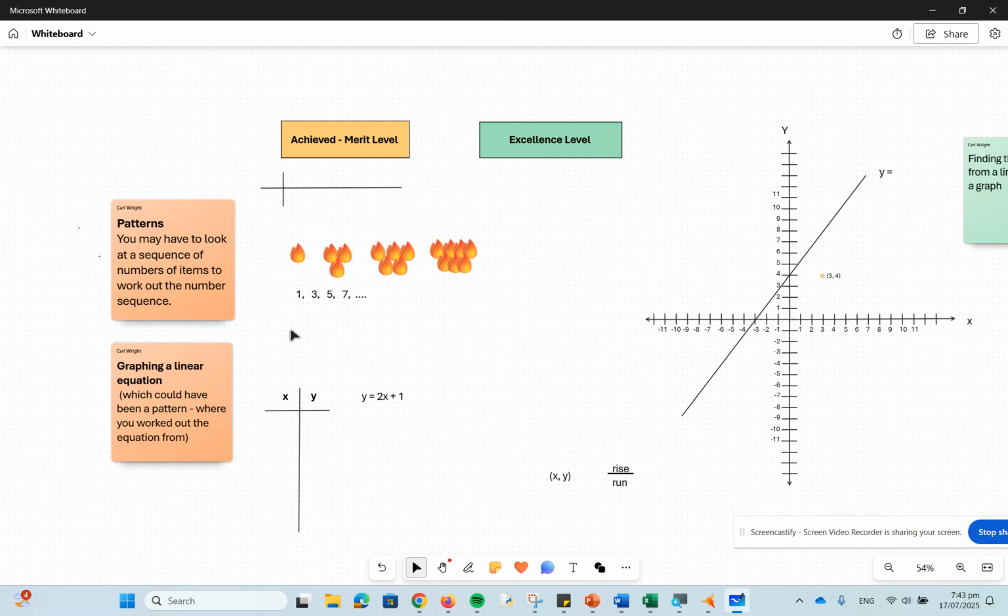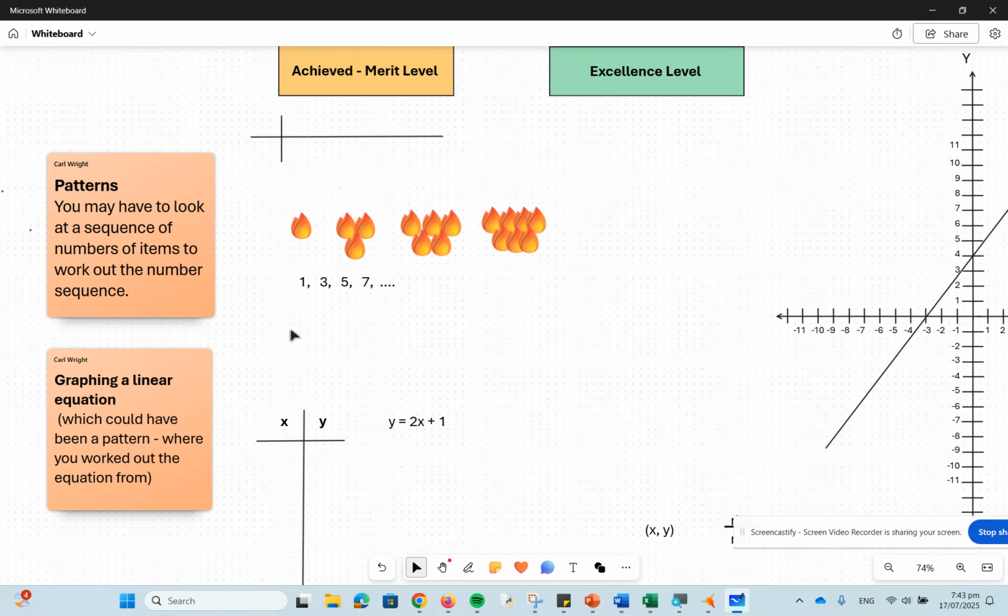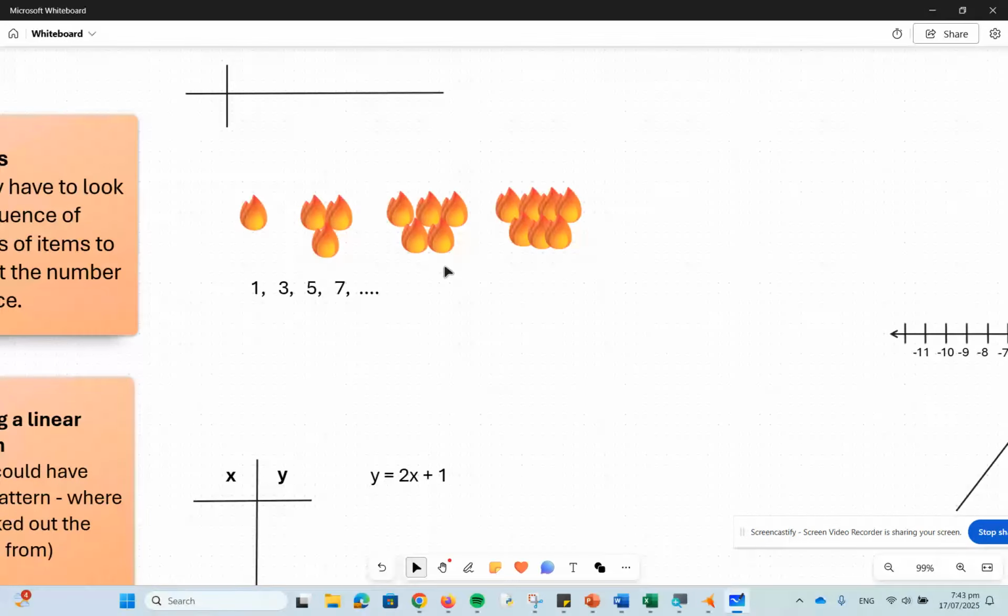Sometimes you'll be given a number pattern. I'll work with number patterns, and we'll plot them later. I might be given a pattern of objects like matchsticks, or any sort of items, or it could be a number pattern like this. It doesn't really matter. This number pattern here just matches this one. If you are given pictures like this, represent them as numbers in a pattern.